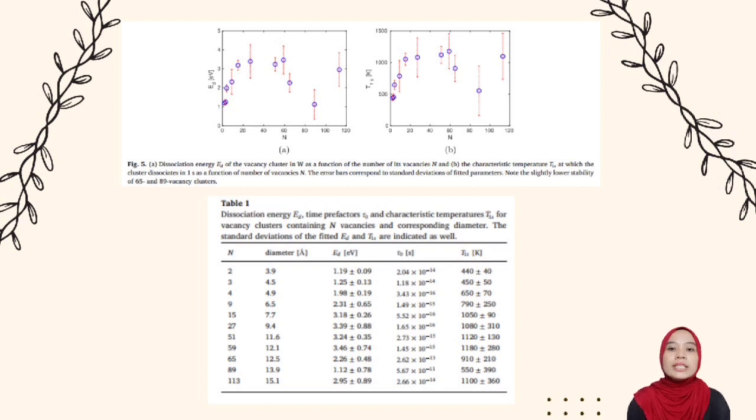They report a characteristic temperature of 1300 Kelvin for 9 vacancies and 1600 Kelvin for 15 vacancies, while we have obtained 790 plus minus 250 Kelvin and 1050 plus minus 19 Kelvin respectively.